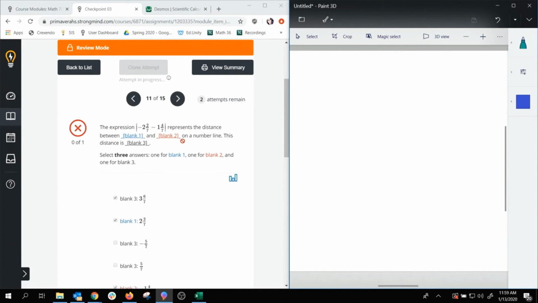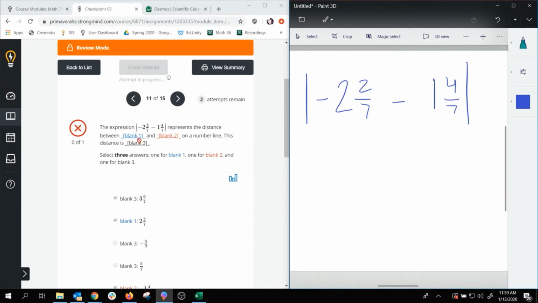Oh, this one's not that bad. And the distance is actually blank. Okay. So what two numbers are we finding the distance between when we look at this problem here? When I have negative 2 and 2/7 minus 1 and 4/7.